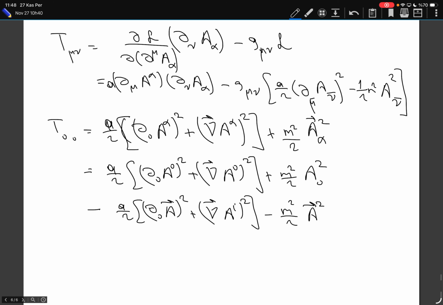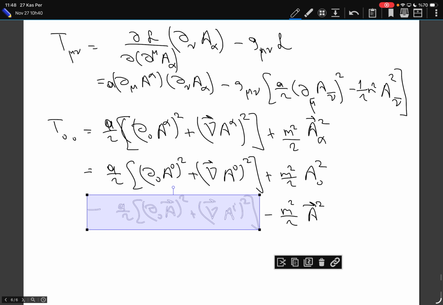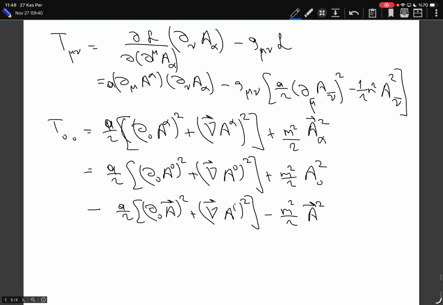Well, you see, even if I try to change the sign of A, either this term is definitely negative, or this term is definitely negative. I don't get a positive definite energy density. That's a problem. It's a problem in classical physics.